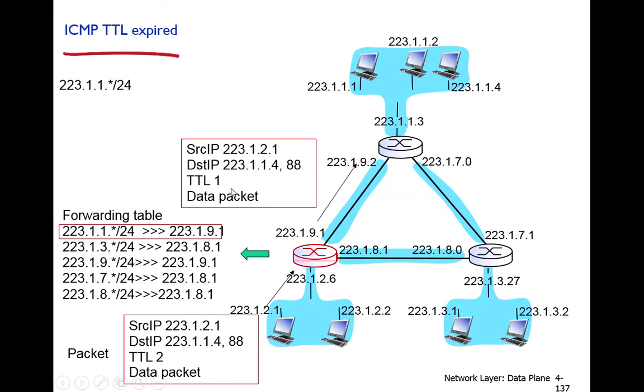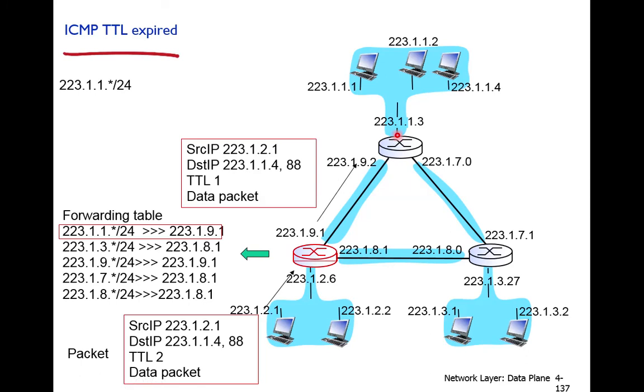Now, when this router finds the matching entry that this packet should be forwarded on this link, before forwarding, the TTL value will be decremented, and then it will examine whether the TTL value is greater than 0 or not. If it is greater than 0, then the packet is forwarded. In this case it is greater than 0, so the packet will be forwarded.